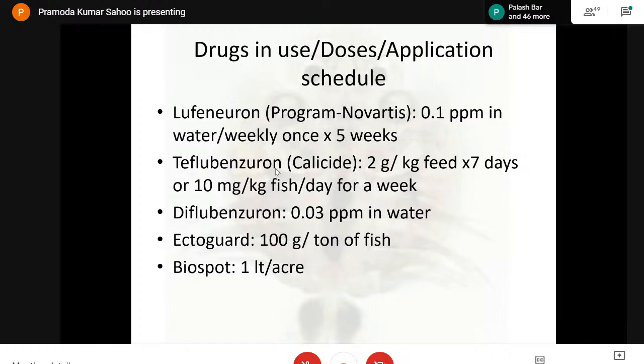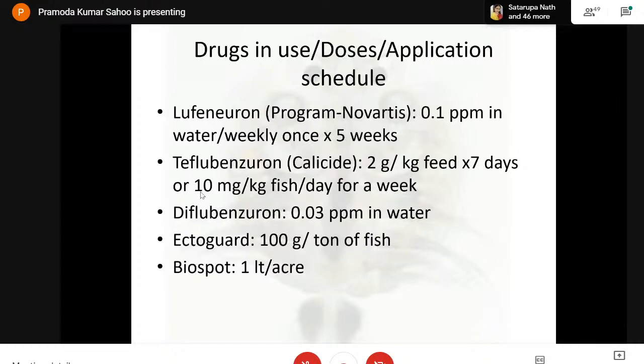Drugs like teflubenzuron or diflubenzuron, which prevent molting of the parasites, can be used, or the ivermectin group of drugs, which are most commonly used and have very less detrimental effect. The ivermectin group of drugs can stay in the system for up to 17 to 20 days, so till that period the parasite infection will not occur.